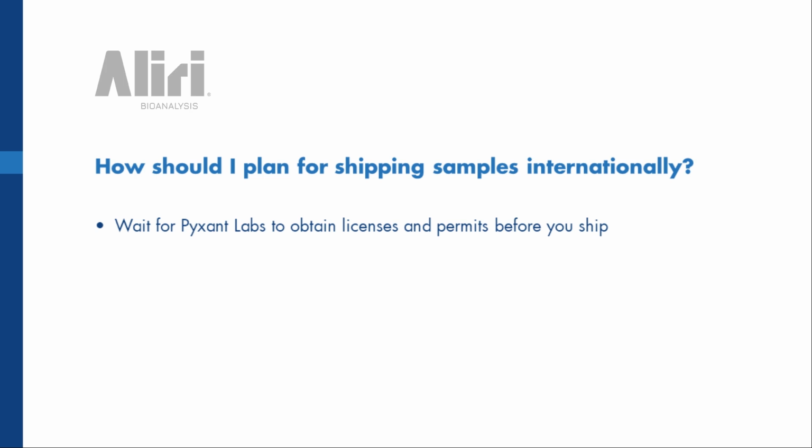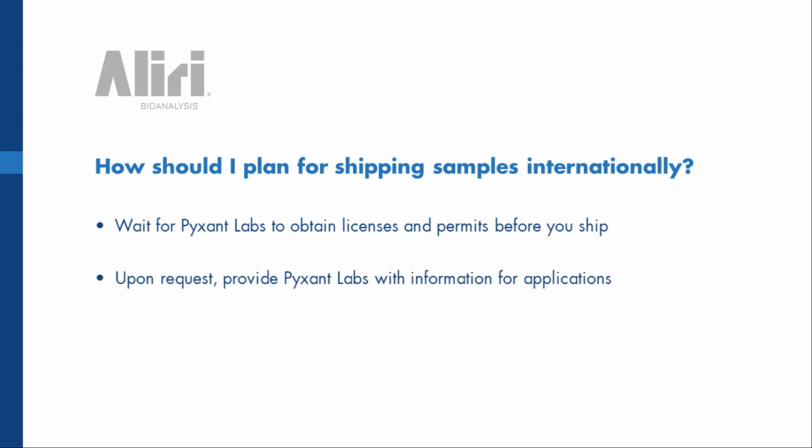And then they don't realize, oh, Pixent actually needs to get a license or permit for this, and they unwittingly jeopardize their samples in transit. So be sure to wait for us to get those first.